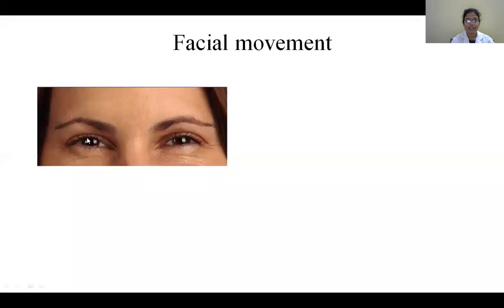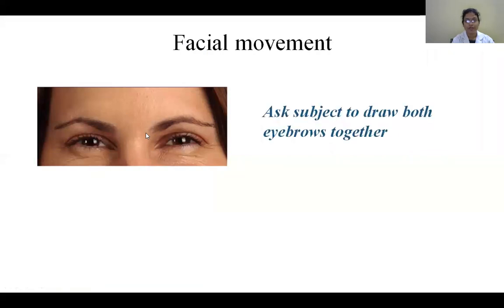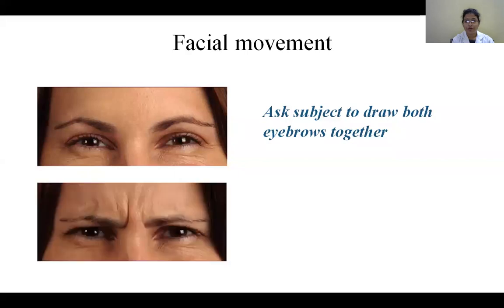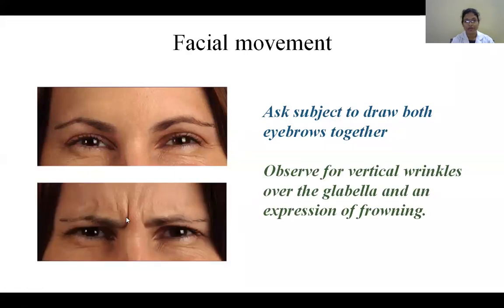Now look at this area between the eyebrows. We ask the subject to draw both the eyebrows together like this. When you ask the subject to draw the eyebrows together, what you observe is vertical wrinkling over the glabella. This is an expression of frowning.